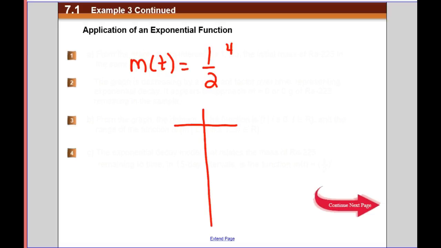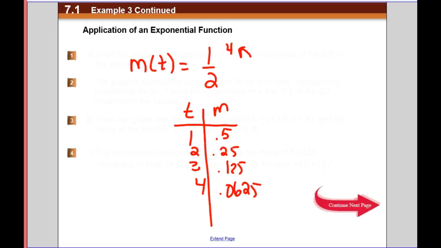I'll just write my table here too. If I went half to the power of 4, I get 0.0625. And if I put 5 in for the exponent, half to the exponent of 5 is 0.03125.